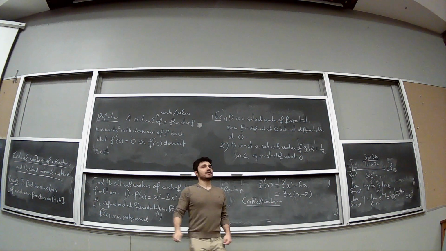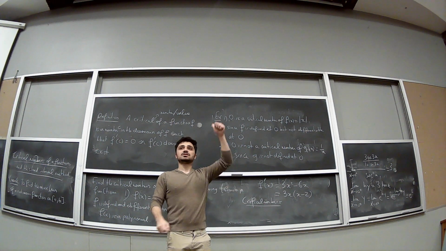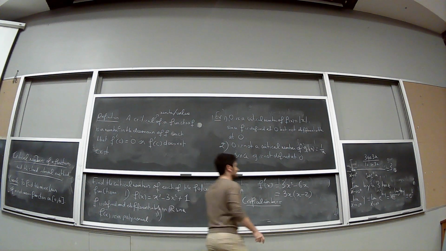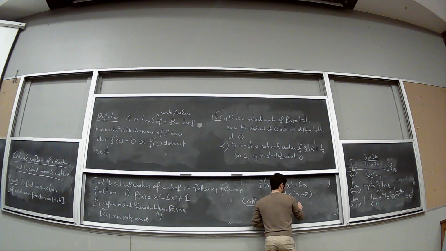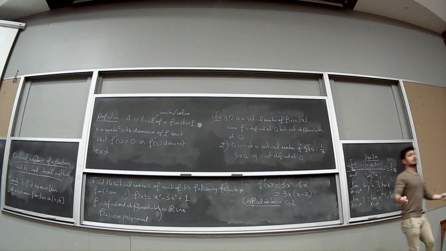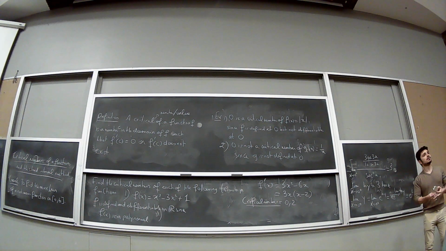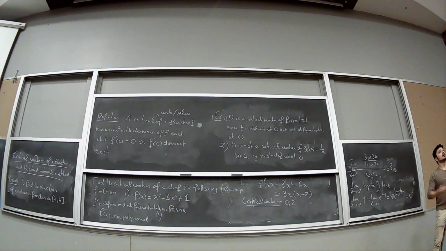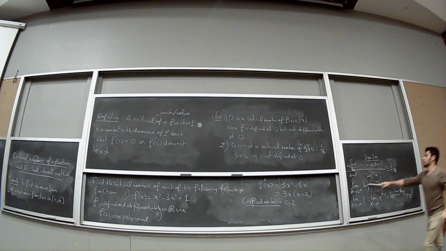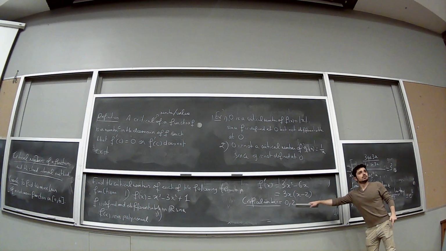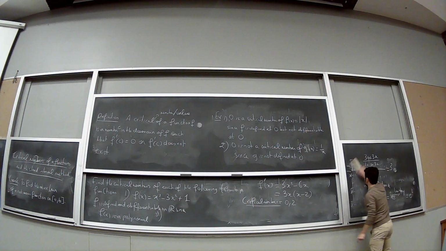What are the numbers that make f prime of x equal to 0? 0 and 2. That's it. Easy so far, right? I'm looking for points in the domain where the derivative is 0 or the derivative does not exist. Where is the derivative 0? 0 and 2.